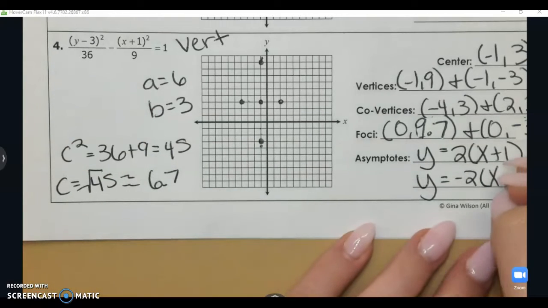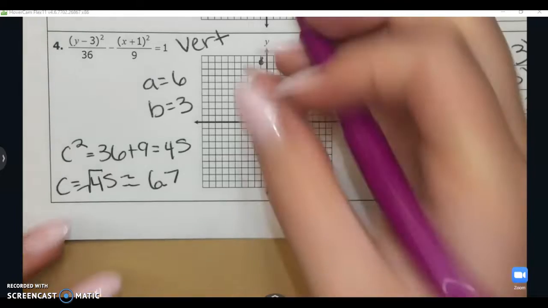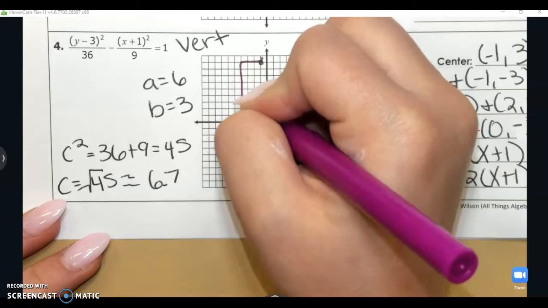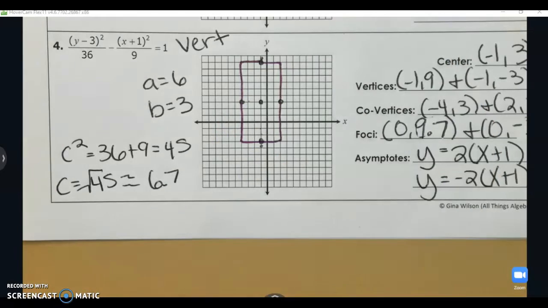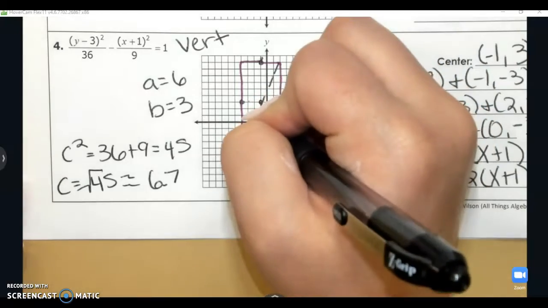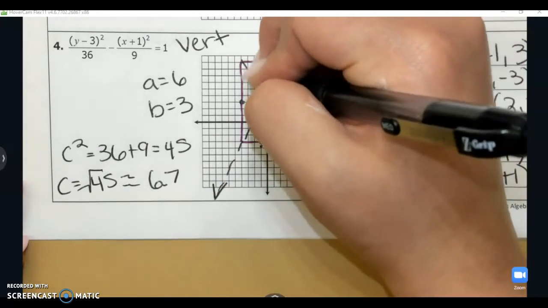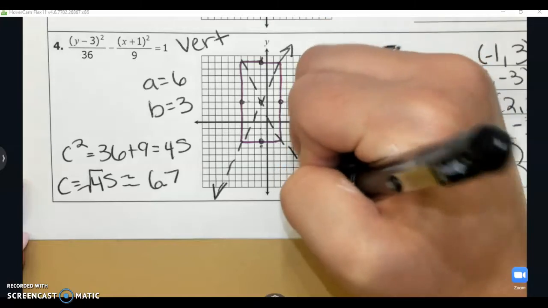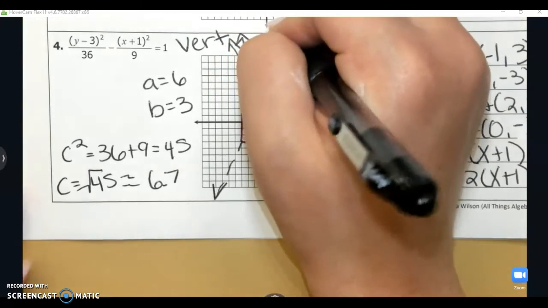Now it's plus, yeah, we're good. All right, so again, I'm going to draw that central rectangle. And to get my asymptotes, I'm just going to connect opposite corners through the center. And this is a vertical hyperbola, so it's opening up and down.